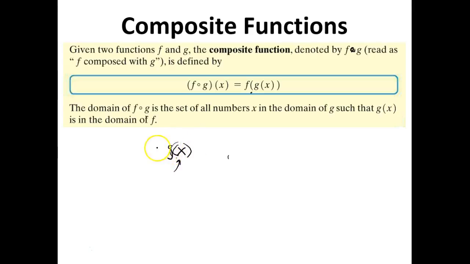We take that and put it into the function f, and that is what this notation means, f composed with g of x.